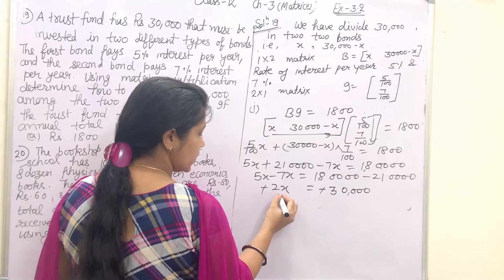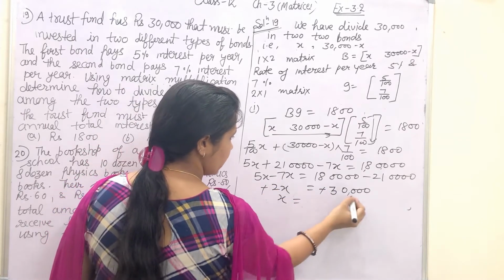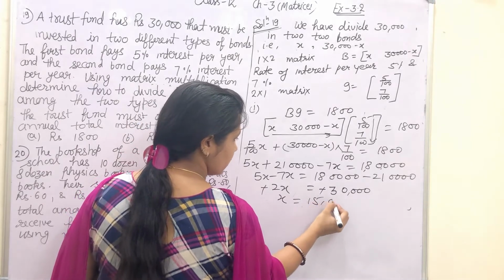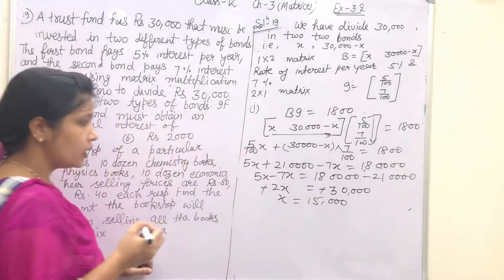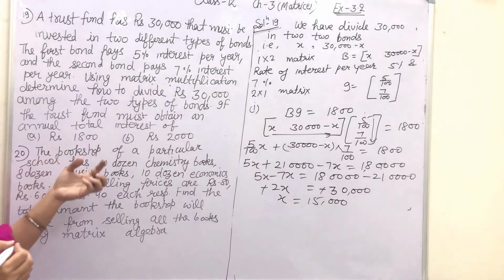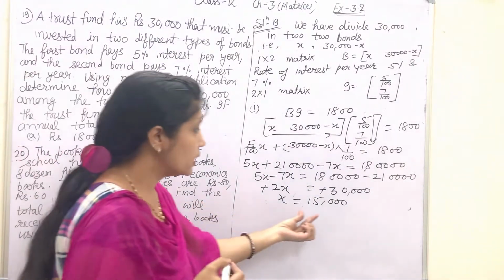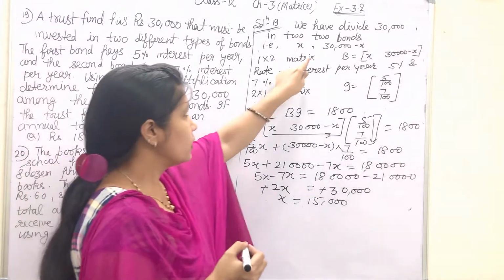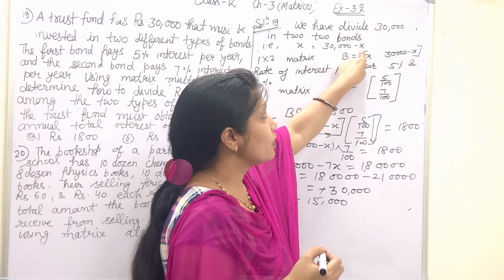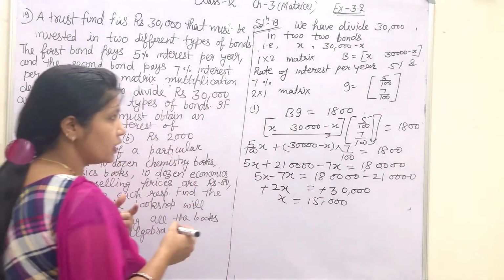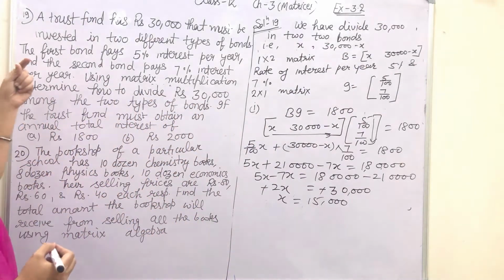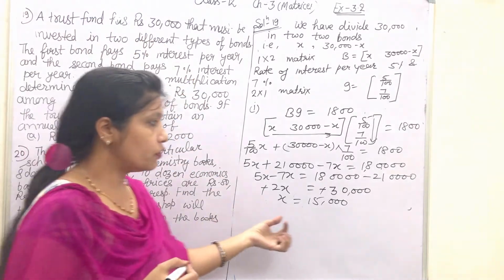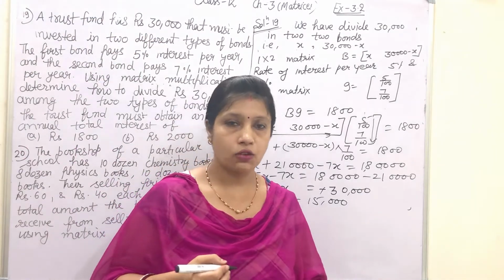Minus minus cancel and x equals divide by 2. Then we get x is 15,000. It means the first bond is rupees 15,000 and for the second, 30,000 minus 15,000 means 15,000. He divided 30,000 into rupees 15,000 and 15,000.